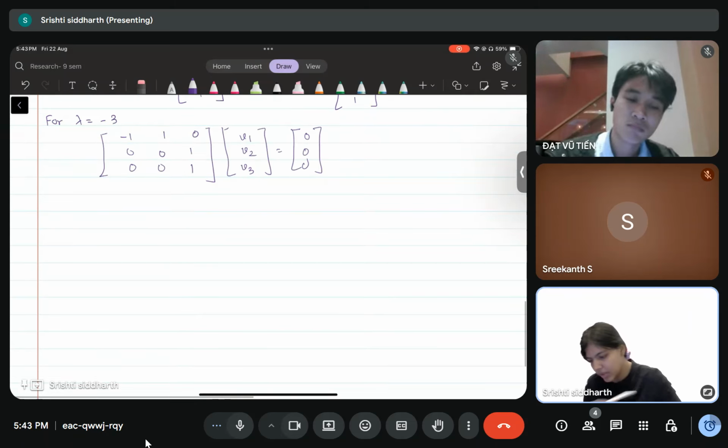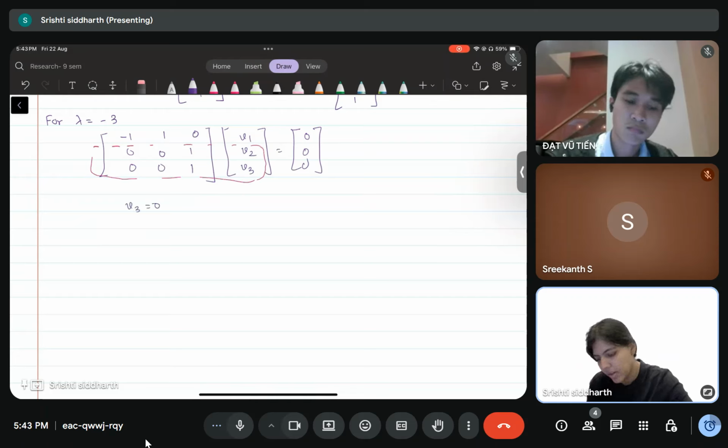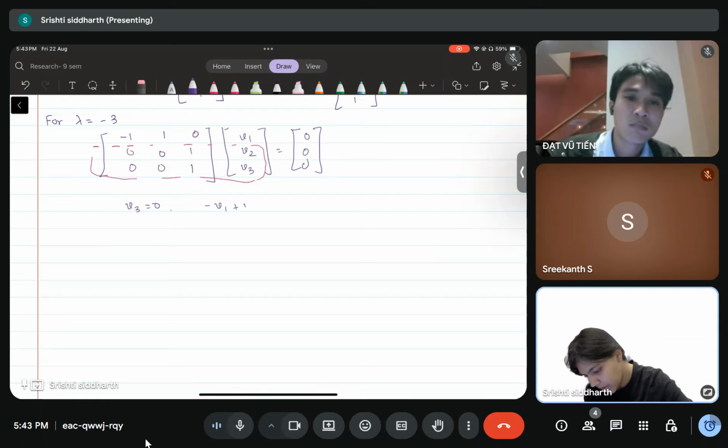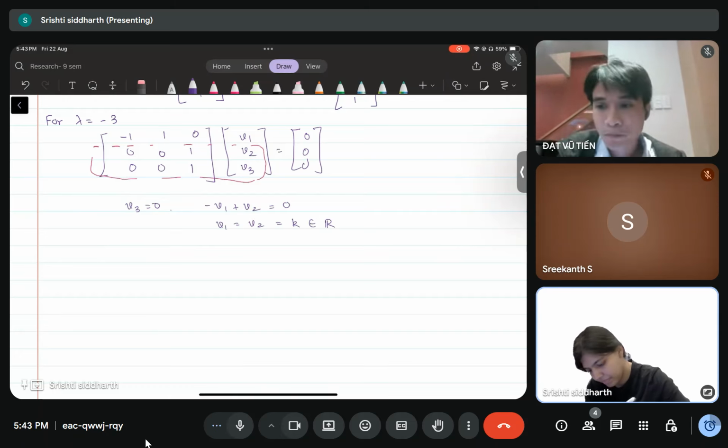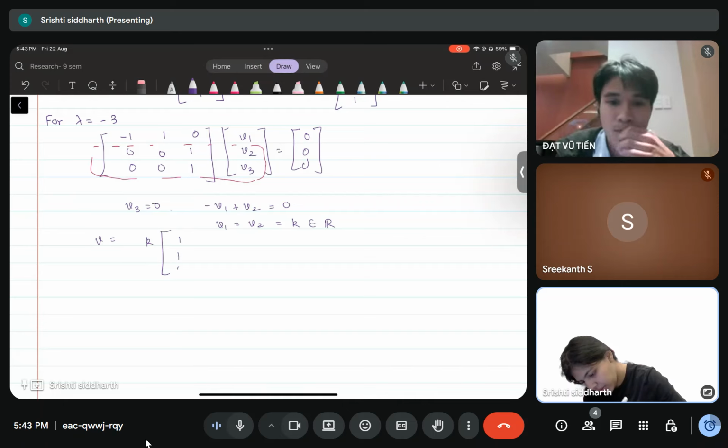Alright, so these two equations are the same. Let's simply say that v3 is 0. Alright, so we have to choose either v1 or v2. So let's see, minus v1 plus v2 equals 0. v1 equals v2 equals some constant k. So the eigenvector is simply 1, 1, 0.